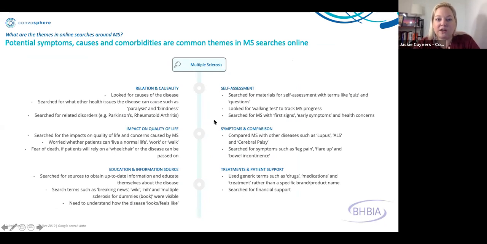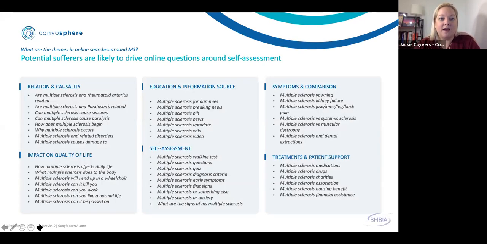So when you look at what people are searching for, you can start to group the types of questions and the phrases and things into specific categories. So you can see that a number of them were under the relation and causality of MS, the impact, again, here on the quality of life, self-assessment, so things that they can do to track their progress with the disease or early warning signs, and support and educational and informational resources.